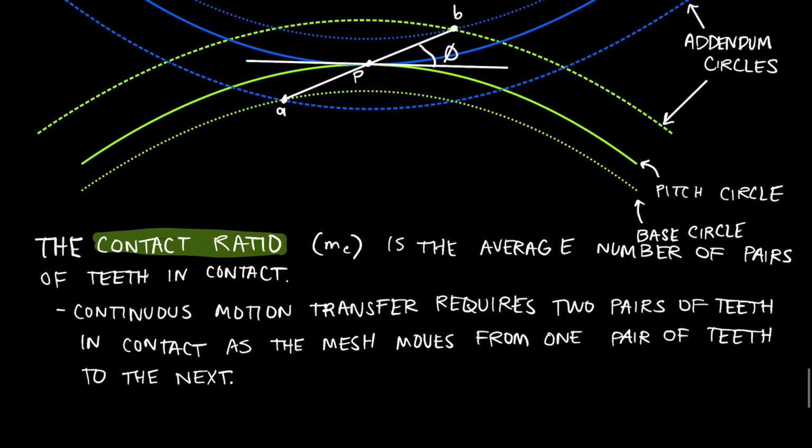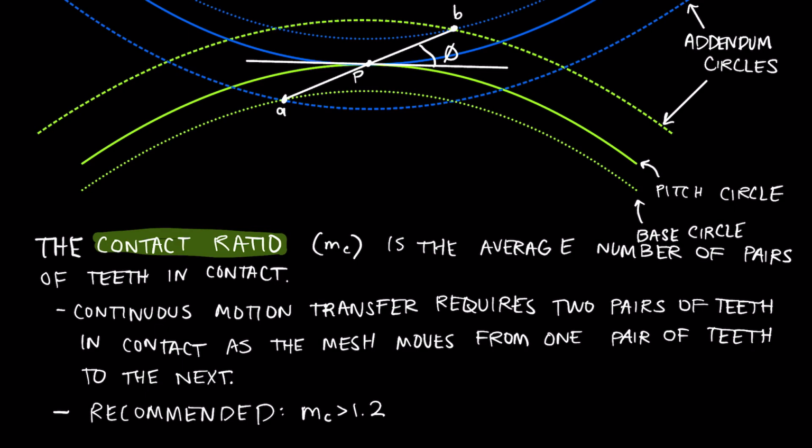And so we're going to have a recommendation that you design gears with a contact ratio typically greater than 1.2. Of course, as with many recommendations, there are exceptions to this rule, but this is a good guideline.